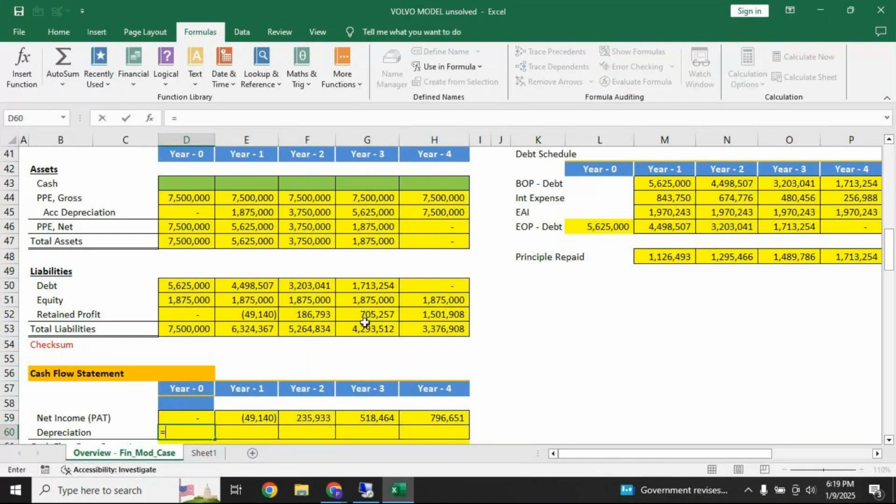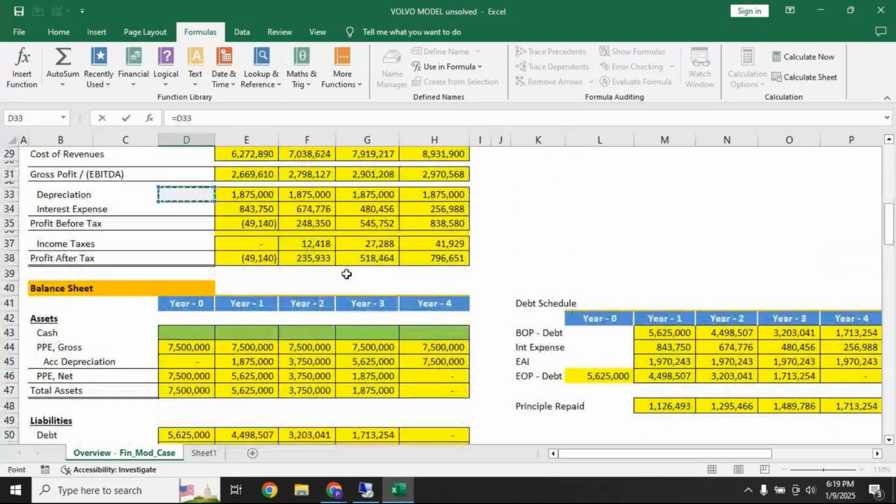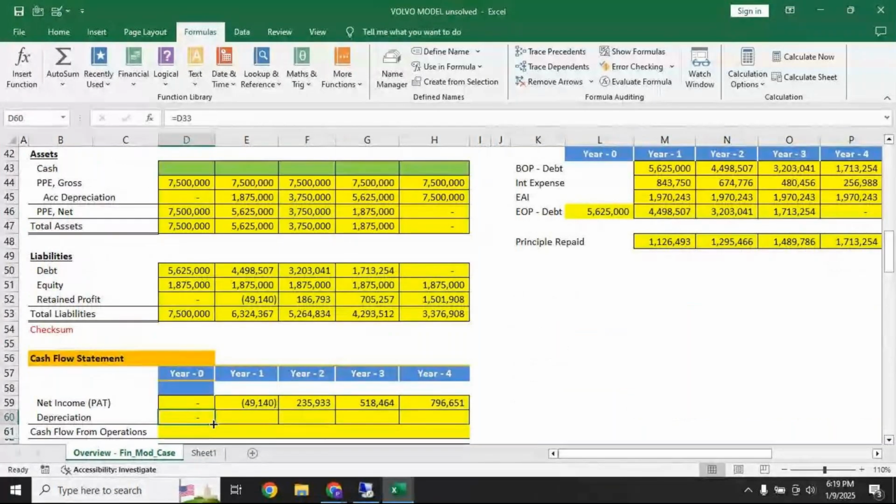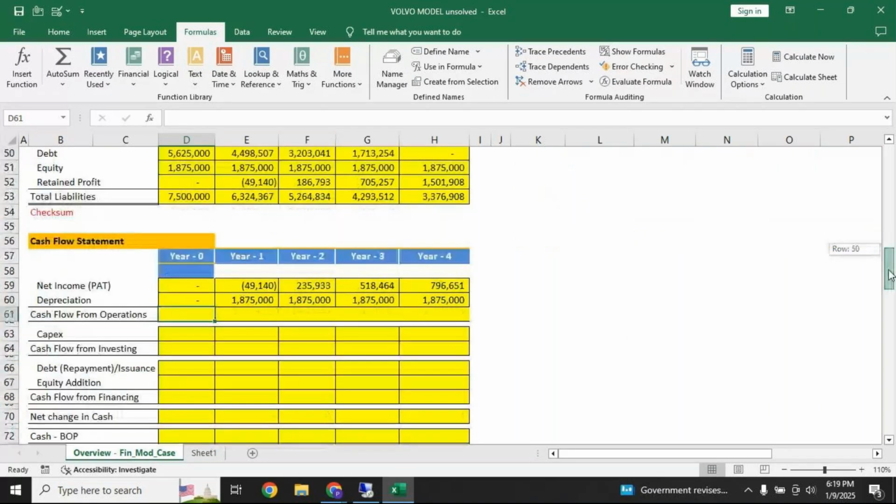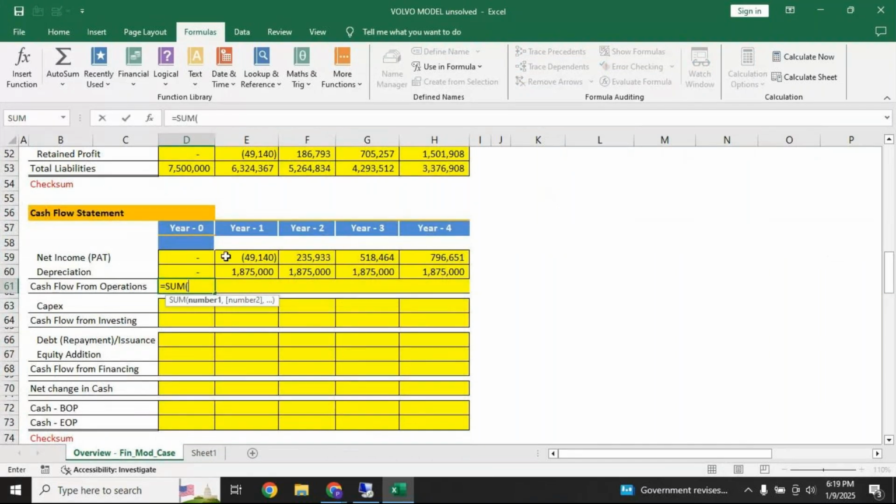We have already calculated the depreciation value, so that also I'll bring down to this cash flow statement. Cash flow from operation will be the sum of these both. So first year the cash flow statement.